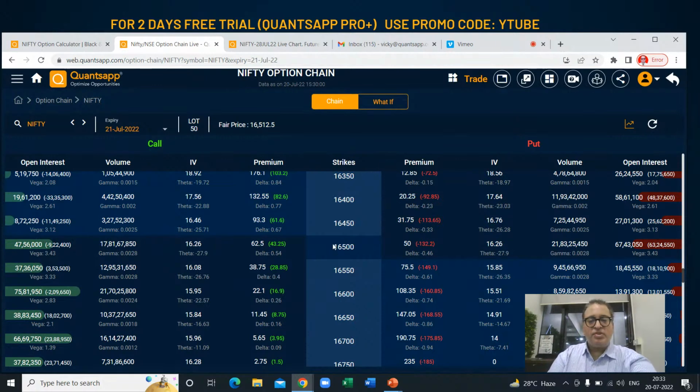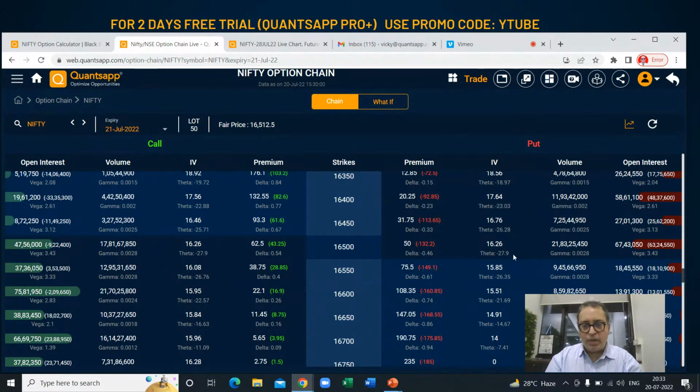You are safe between about 16,400 and 16,600, assuming that at that juncture it's at 16,500. There are certain assumptions attached. If you are shorting a straddle, there is a 100 point range in which you're safe, and what you pocket is the theta.